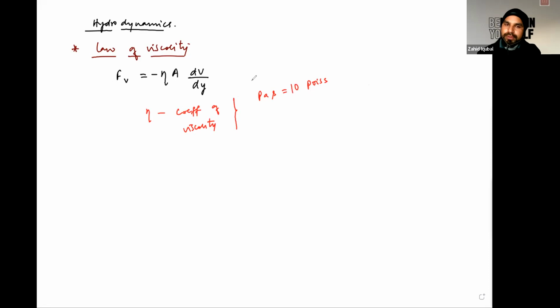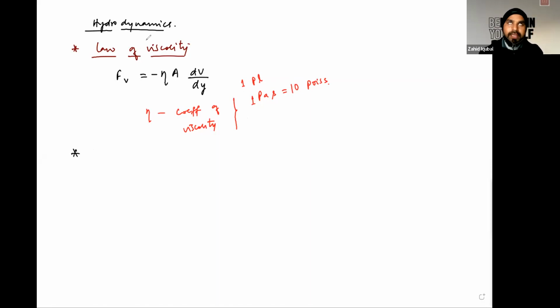This Pascal second is also called Poiseuille, PL. Do you have any doubt related to this part, which is most important?